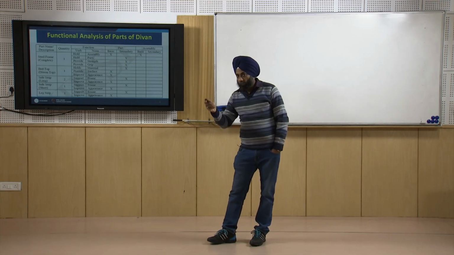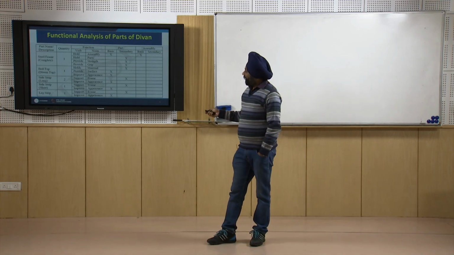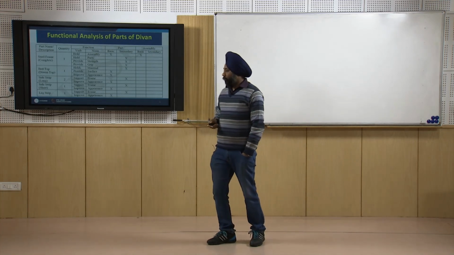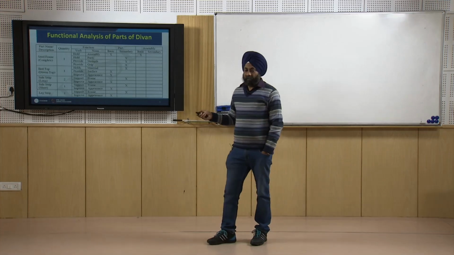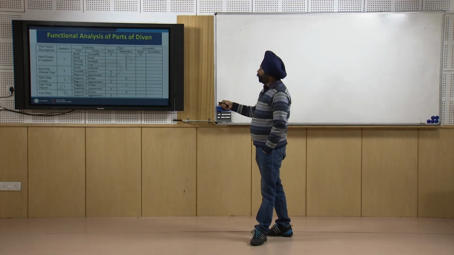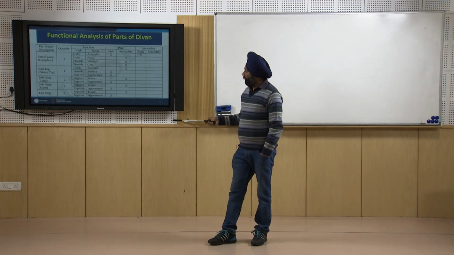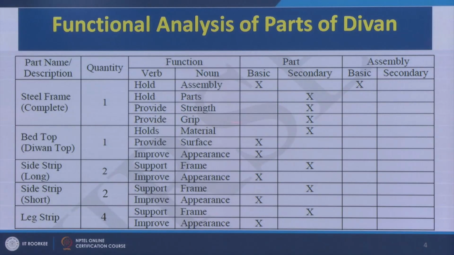So without compromising all these quality characteristics, we have to establish how the cost can be reduced for the Divan in our question and for the product in general. So this is the first part, that is a functional analysis worksheet, dividing the product into its individual components, identifying the functional definition, and then establishing the basic and the secondary functions of the various parts of the product.